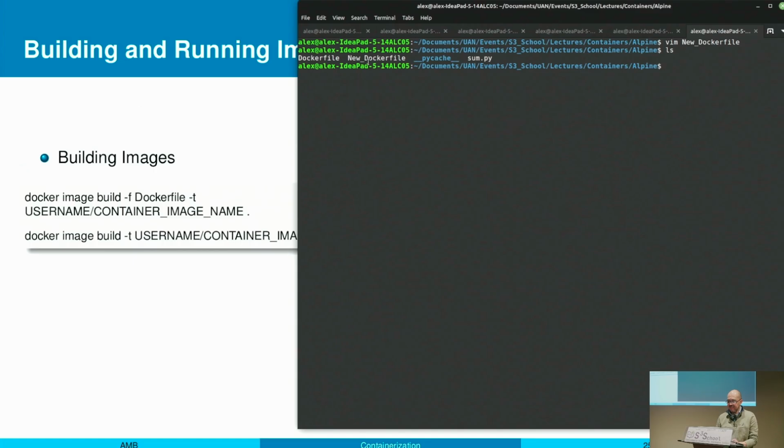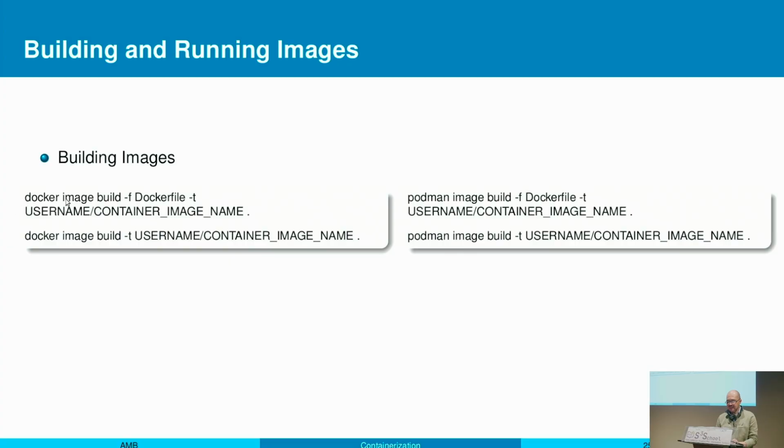But in this case, I named the file new_Dockerfile, so I'm going to use the first line, which is the command docker image build, the name of the file, and the name of the image, then a dot, since it's in the same directory.